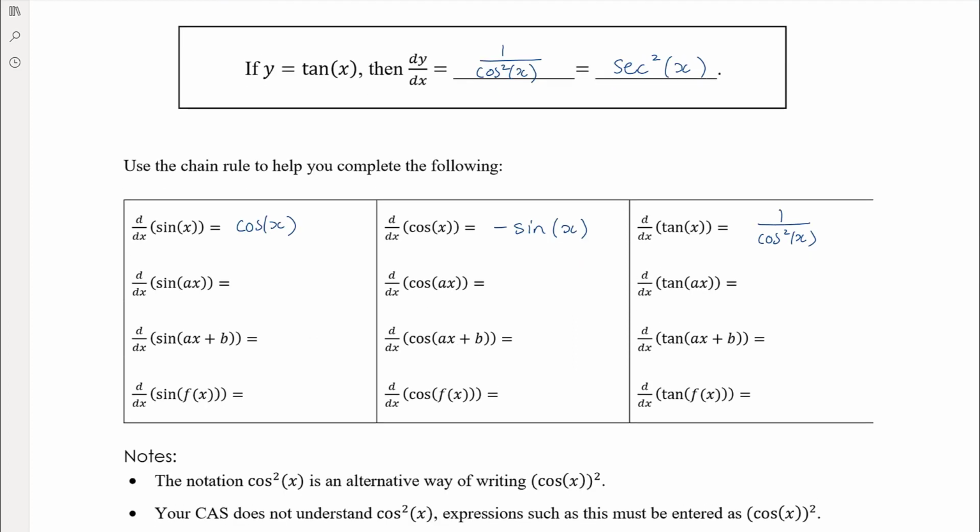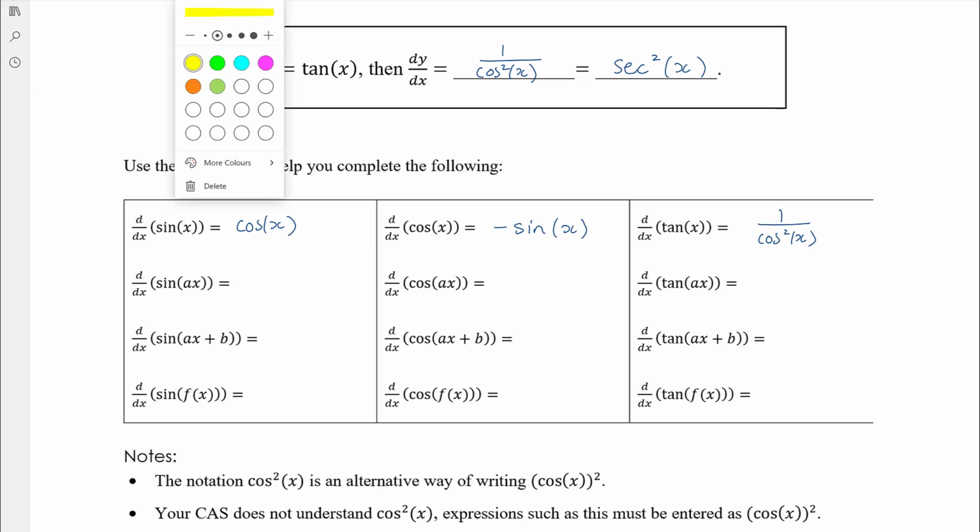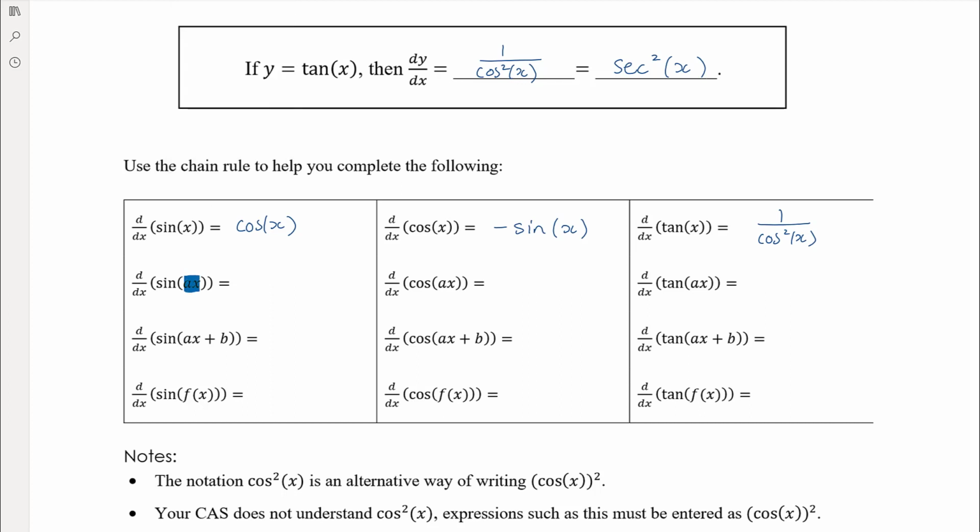Alright, so then if we have sine of ax, I don't want to do my long-winded chain rule. Let's think about the abbreviated chain rule. Let's think about covering up your inside function. So the derivative of sine of something is cos of that something, and then you multiply by the derivative of ax, which is a. So what we're actually going to get here is a times cos of ax.